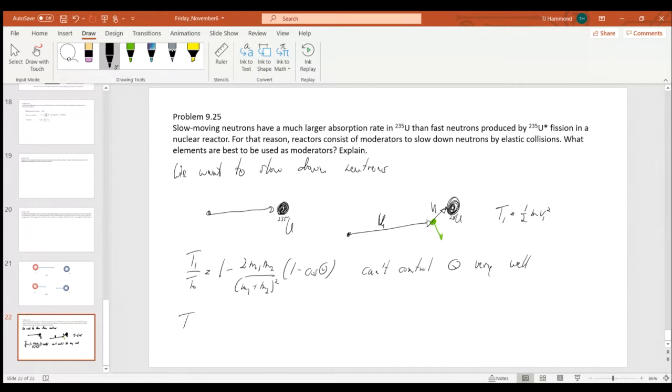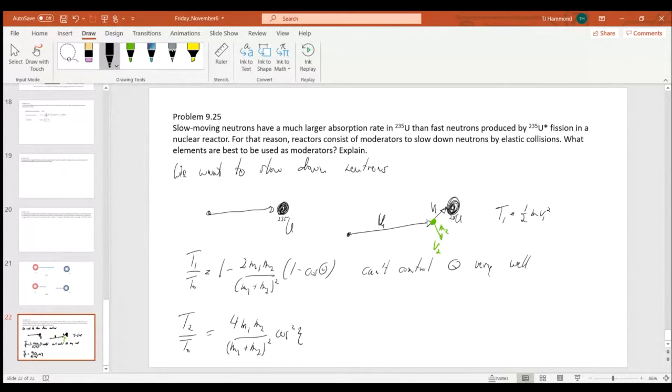Conversely, we can also think of this particle here having mass m2, and that's going to have some velocity v2. And so we could also try and maximize T2. And this is 4 m1 m2 over (m1 plus m2) squared, times cosine squared eta. Right? So either one of these is fine.